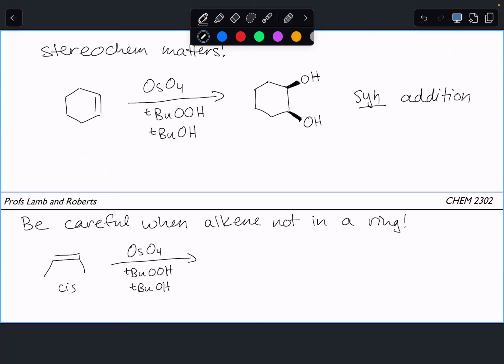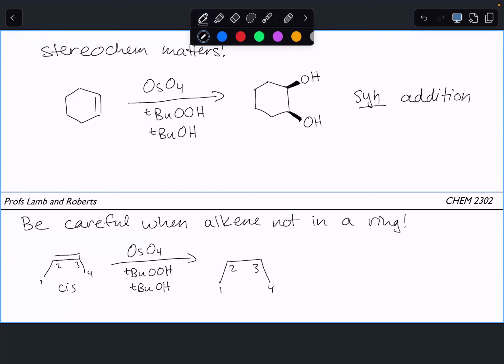My hint to you, this is the strategy that I use: draw the backbone of your molecule exactly the way it's shown in the starting material. So 1, 2, 3, 4. Okay, so I haven't drawn in the alkene part, but I drew the backbone in the same orientation. So up, over, down.